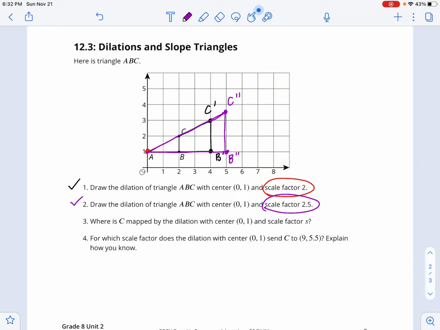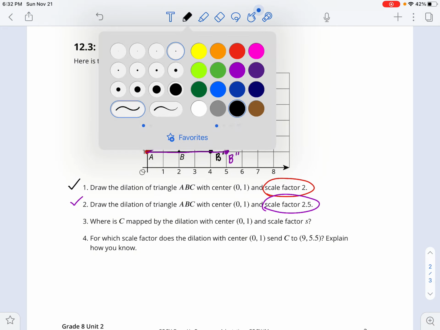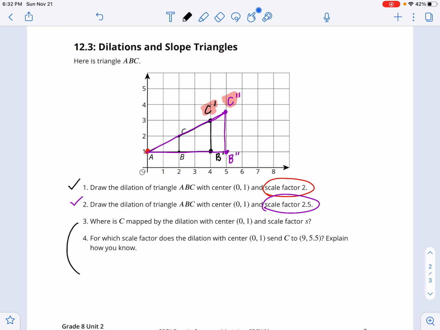Question 2. Now, where is C mapped by a dilation with a center of (0, 1) and a scale factor of S? And C is this point here. So let's take a look at what happened to C. When we start with C, I'm answering question 3 down here, we have the coordinates (2, 2). When our scale factor was 2, that created C prime, and we ended up with the coordinates (4, 3).